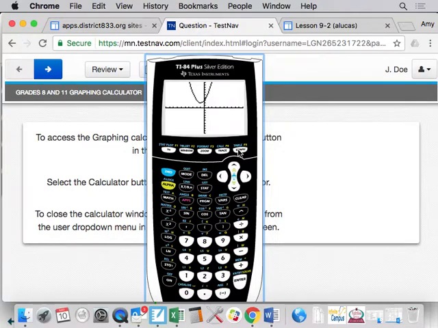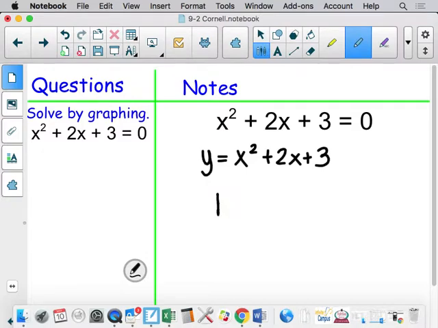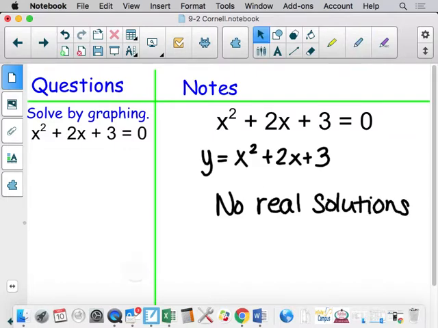All right, so no real solutions. Because if the graph is completely above the x-axis or completely below, there are no real solutions.